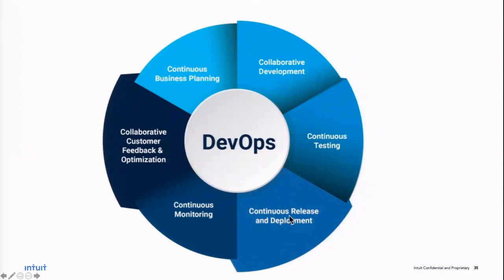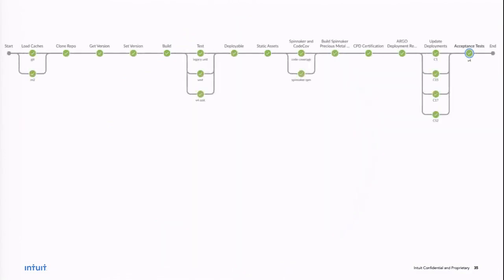Then we do testing and release it. We also monitor that small piece, and then we just continue that. Most of the things are automated as much as possible, and we call it CI/CD, continuous integration and continuous deployment, right? I'm just showing a live example of a CI/CD pipeline, how it looks.